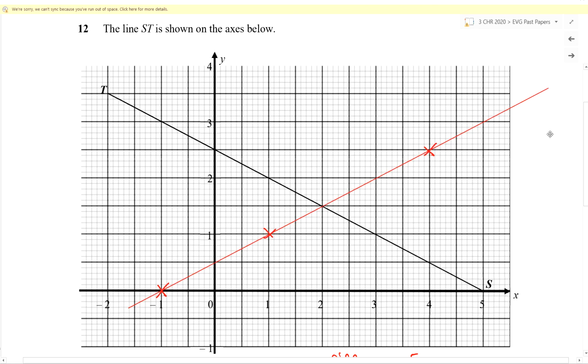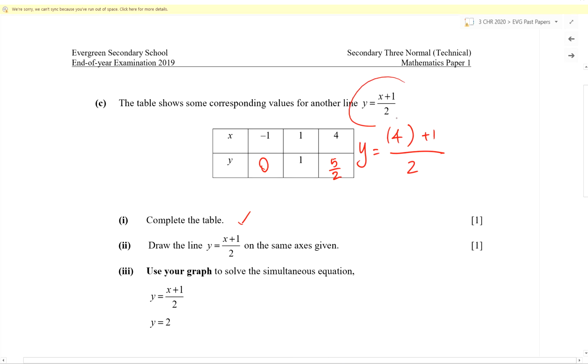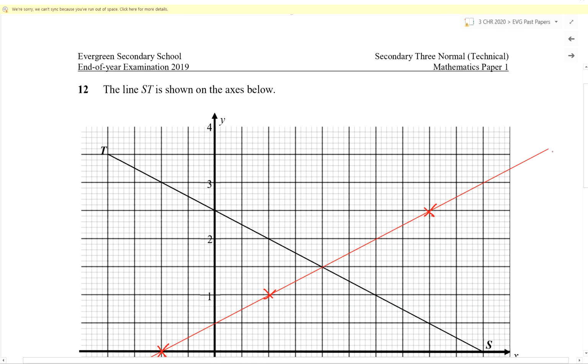Draw your straight line long. Do not just stop at the cross. And then you need to label y equals x plus 1 over 2.